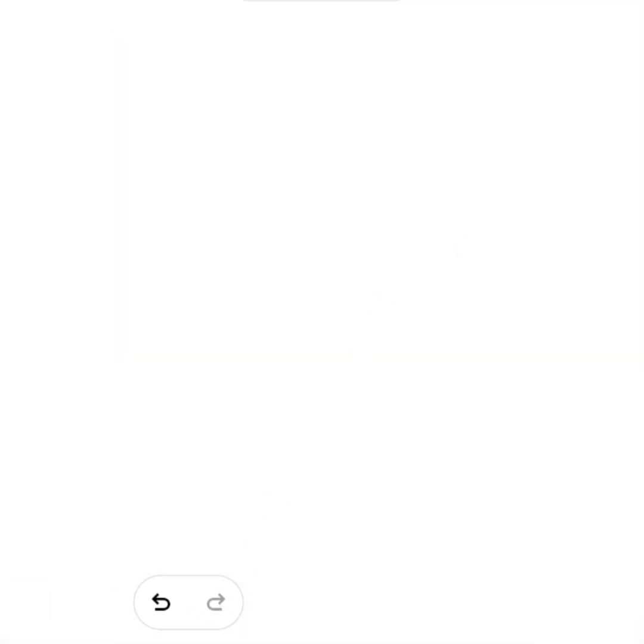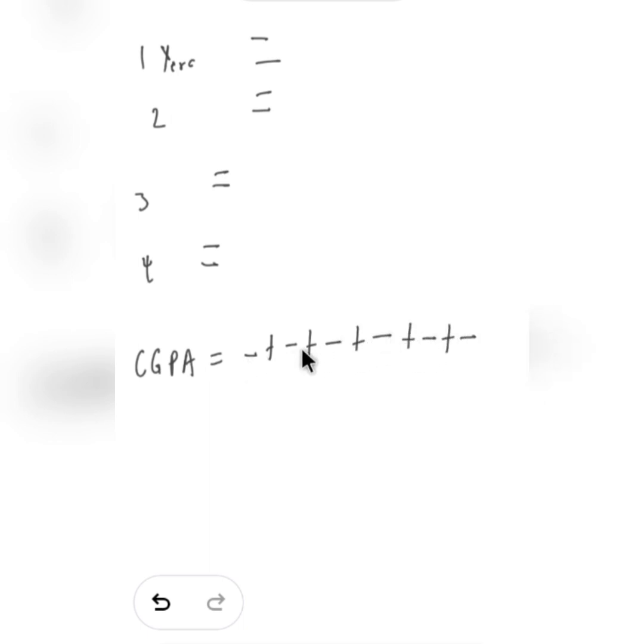What do I mean by that? Let's say for your year one, you got something, your second year, something, your third year, something, your fourth year, something. Your CGPA is the sum of the eight semester results, 1, 2, 3, 4, 5, 6, 7, 8, divided by 8.